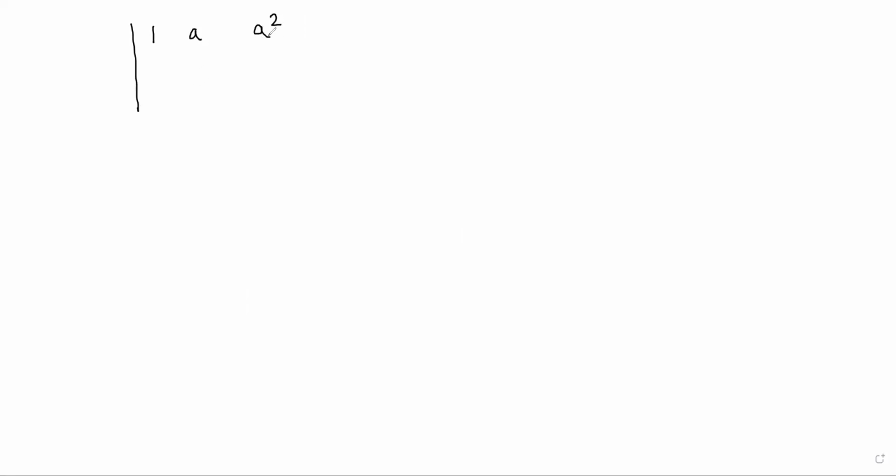You can call it a1 square, but I will just label it as different variables. There are 3 rows because a1, a2, a3. We are taking the case n is equal to 3, so there are 3 rows, 3 columns, and we have to find the value of this determinant.